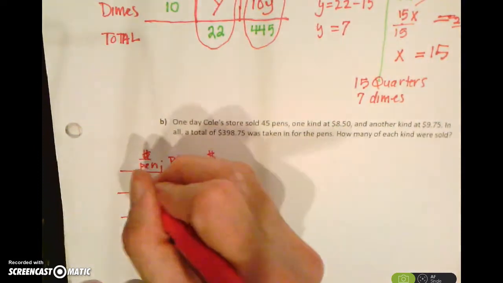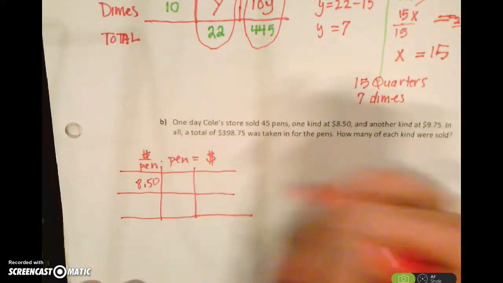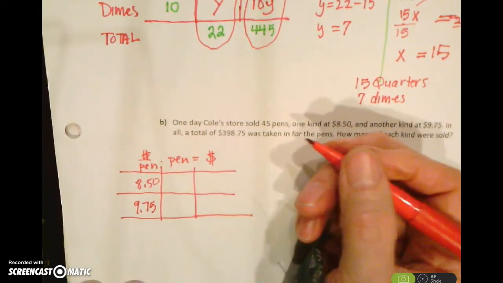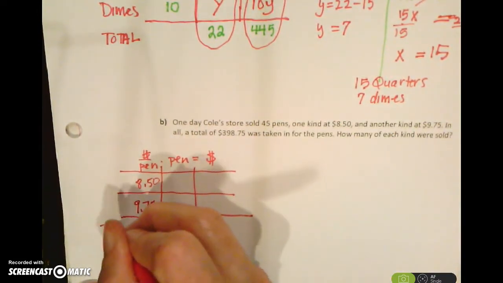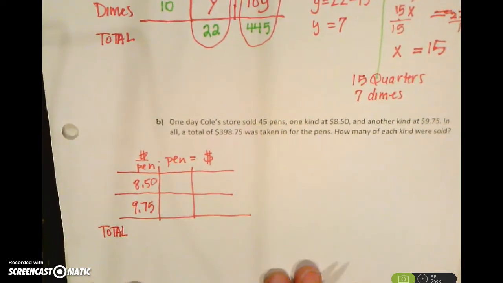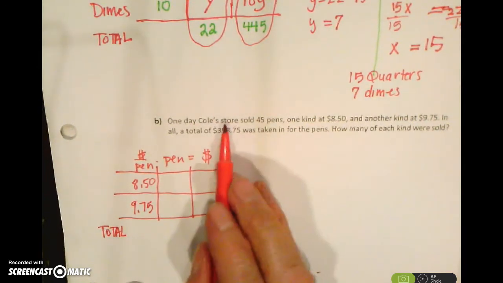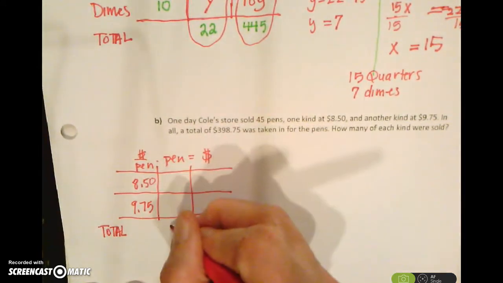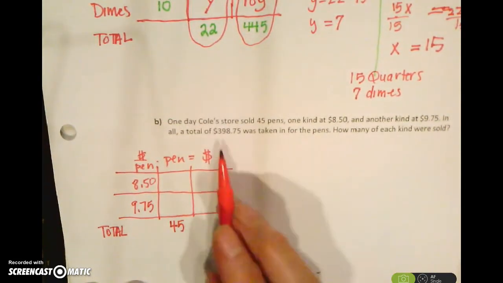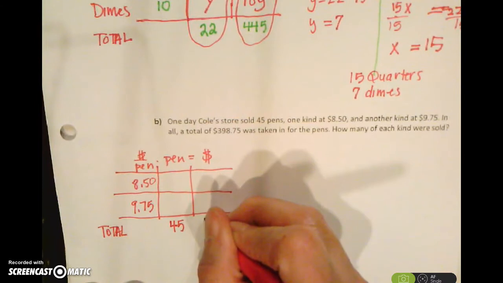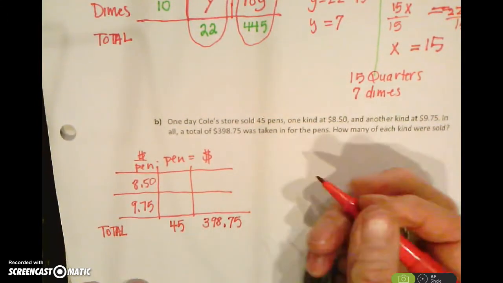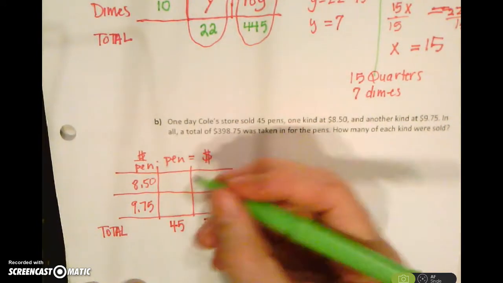One of them sold for $8.50 per pen, and the other one sold at $9.75 per pen. Then we're going to have our total row as well down there. It said that they sold 45 pens, so that's going to be the total number of pens. So make sure it's in the right column, and a total in dollars of $398.75. So I'm going to fill those in.